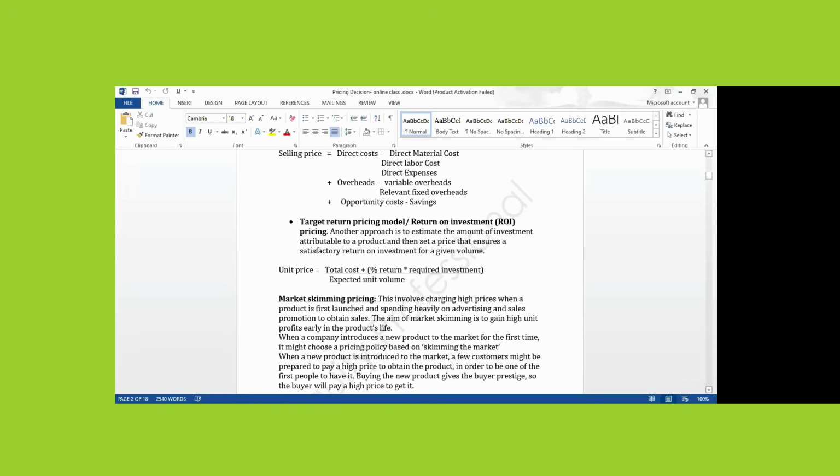Before this, please note, marginal cost plus pricing method is used for decision making, usually short-term decision making.